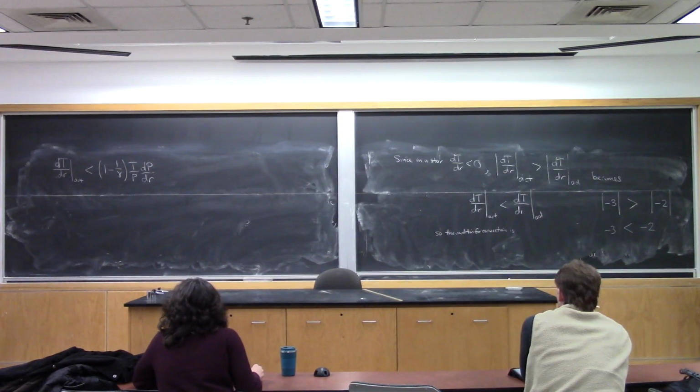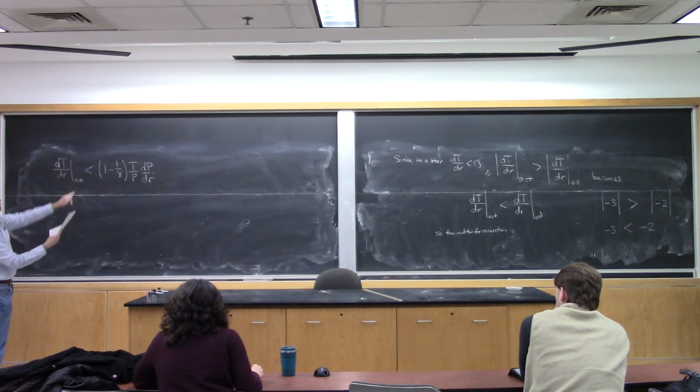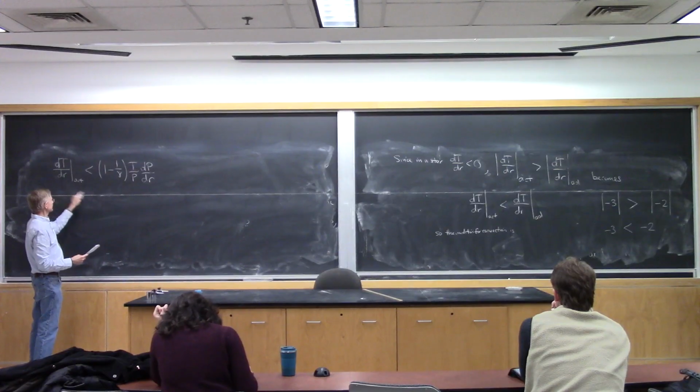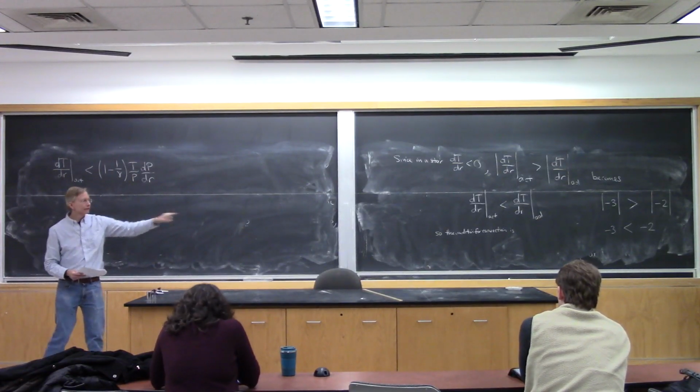A couple of lines up, the adiabatic gradient is (1 minus 1 over gamma) T over P dP/dr. What I just wrote there is the adiabatic temperature gradient. So the actual temperature gradient needs to be smaller than the adiabatic gradient for convection.